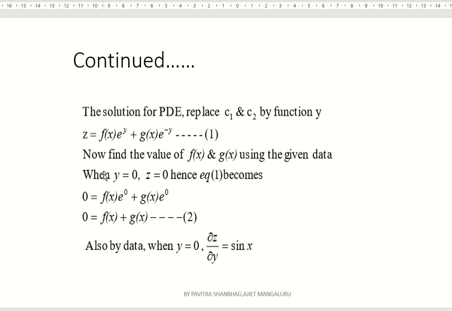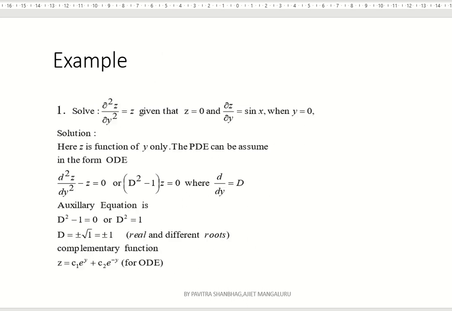Now we have to find the values of f of x and g of x by using the given data. What is the data given here? Given z equal to 0 and del z by del y equal to sin x when y equal to 0. So y equal to 0 is common to both conditions. Now first use y equal to 0, z equal to 0 and check.